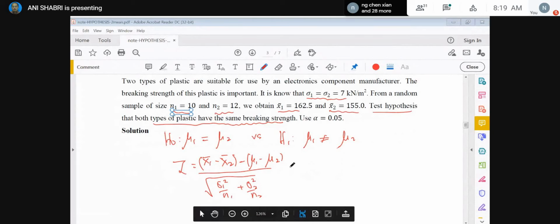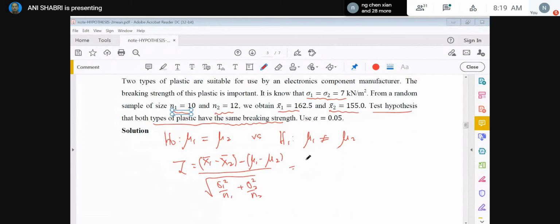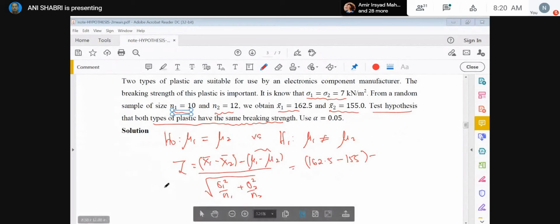We just substitute the values. X1 bar 162.5, X2 bar 155, minus mu1 minus mu2. What is the value of mu1 minus mu2? This is not given. We look at the hypothesis.